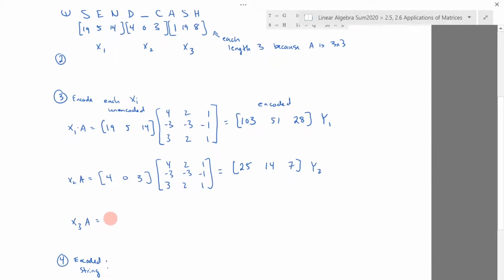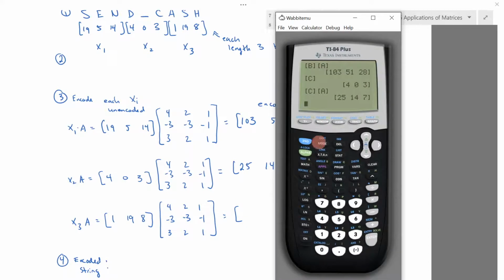I need to encode x3. x3 was 1, 19, and 8. My matrix A again is 4, 2, 1, negative 3, negative 3, negative 1, 3, 2, 1. So what was D? It was 1, 19, and 8.